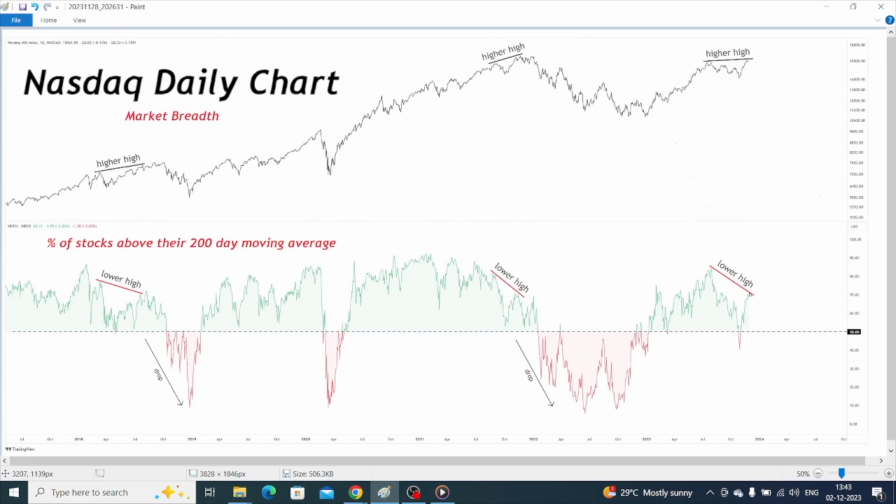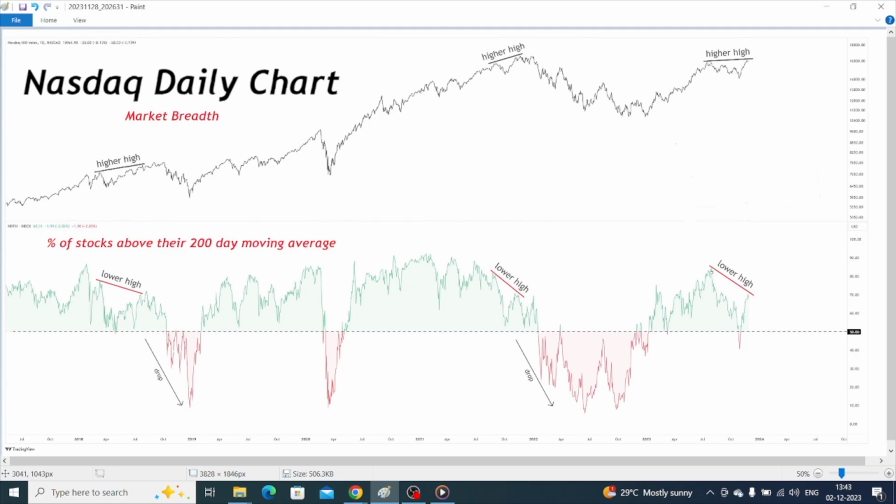Those stocks are moving the index higher, because most of the stocks are not moving higher; you can see the percentage of stocks above their 200-day moving average is not moving higher compared to the previous high.